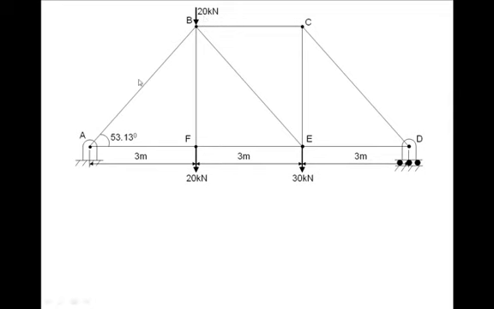Now this is a very important structure. It has a lot of practical applications, like in bridges, in cranes, in roofs of factory sheds. Because of its importance, this is usually considered a very important topic even from the examination point of view.